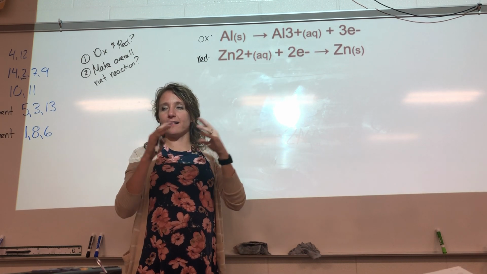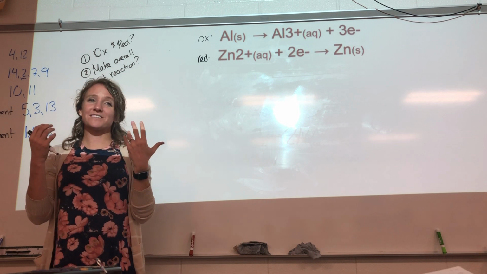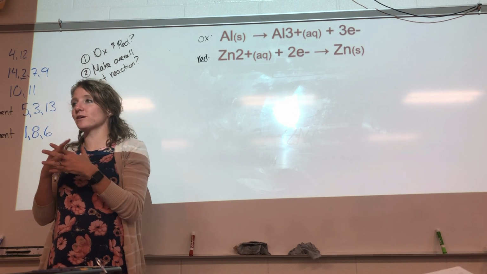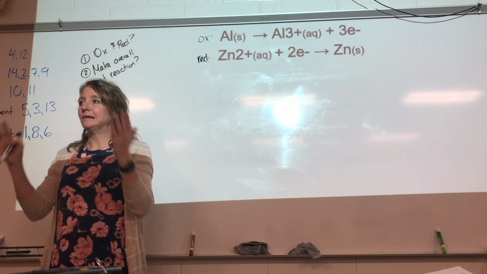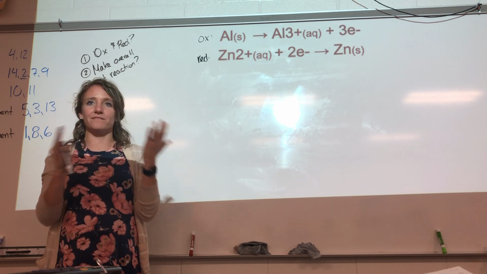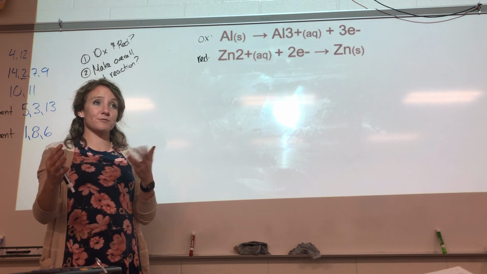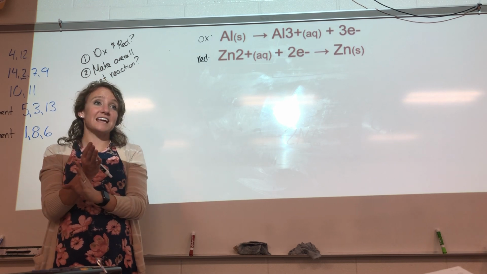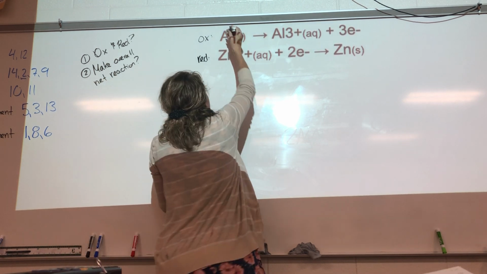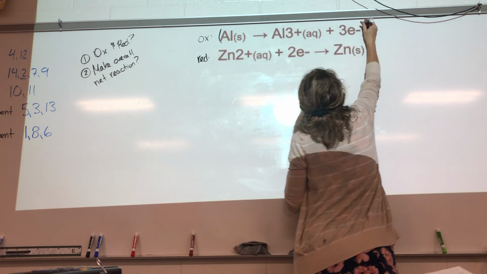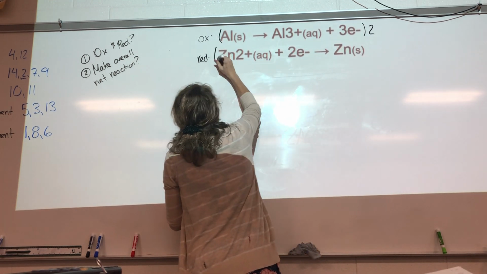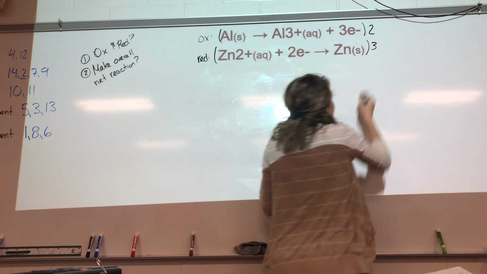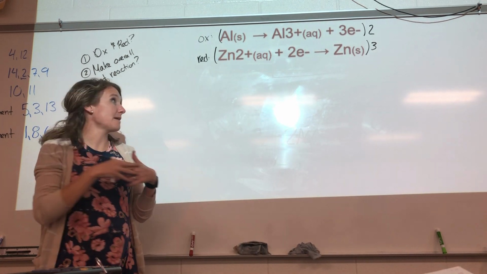They have to balance out, so you have to times them. The way I think about it is you have to multiply them so you get to the least common multiple of them both. Since the least common multiple of 3 and 2 is 6, I got to get them both to 6. So I'm going to times this reaction by 2 and this reaction by 3, and then I can combine them.